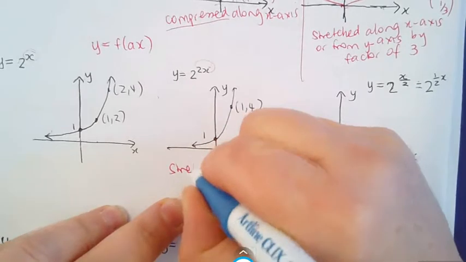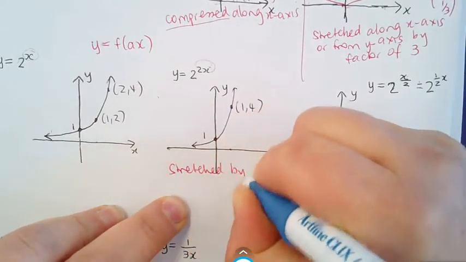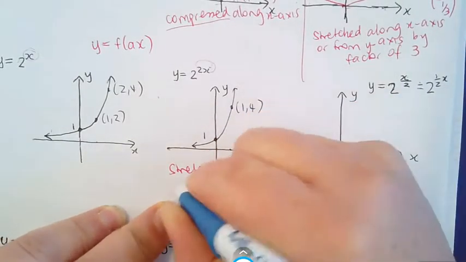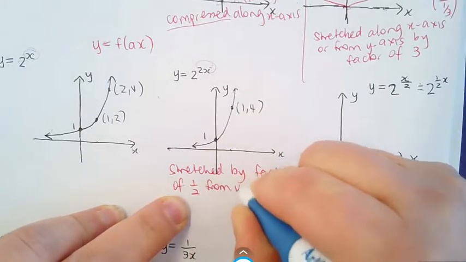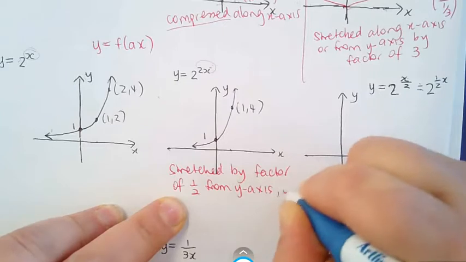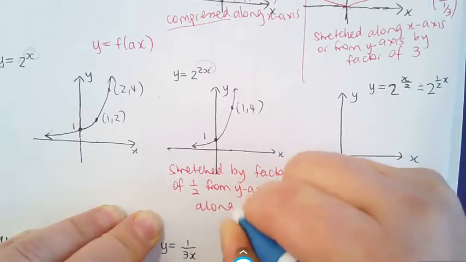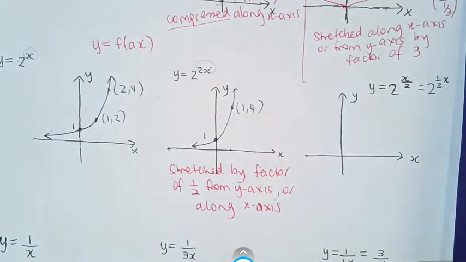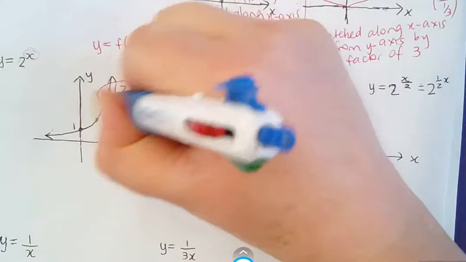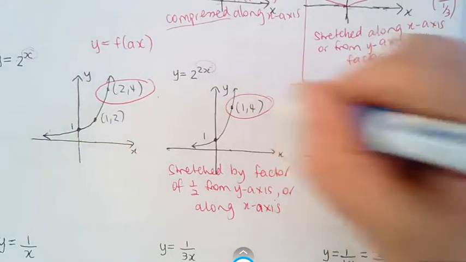So we're thinking stretched by a factor of a half, which is 1 on a, from the y-axis or along the x-axis. So how are you going to remember that? It's stretched horizontally. And look, 2, 4 became 1, 4.